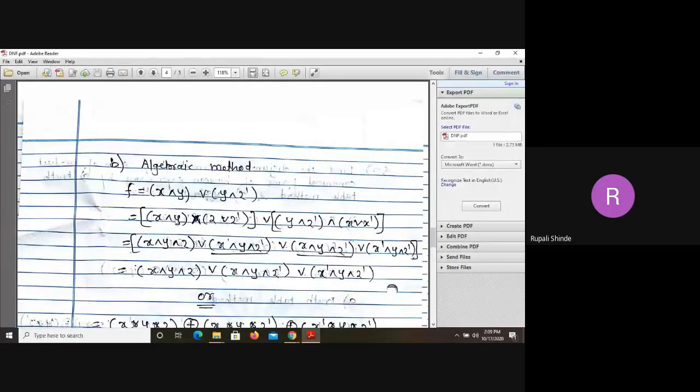So x and y and z, this is the first bracket, or x and y and z complement, this is the second bracket. Again, this OR operation, so x and y and z complement, this is the third bracket, or x complement and y and z complement. So this is the last bracket.